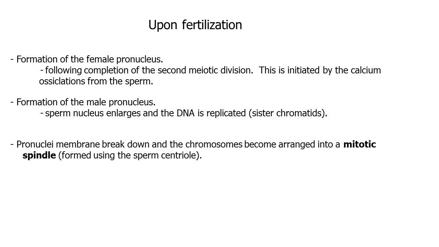Then the microtubules, the spindle fibers that are moving these around, take the 23 sister chromatids from dad in that pronucleus that's broken down, and the 23 sister chromatids from mom's pronucleus, and are going to push them all to one equator.